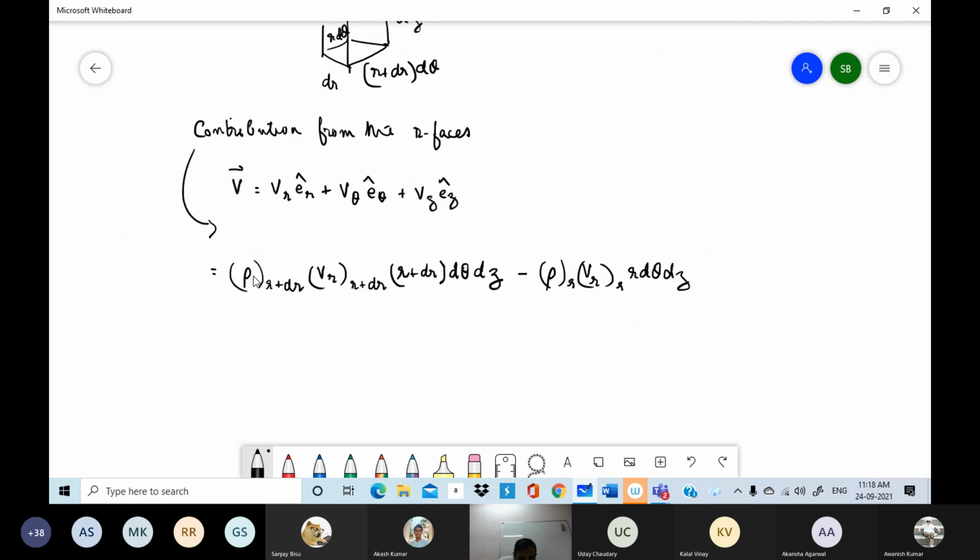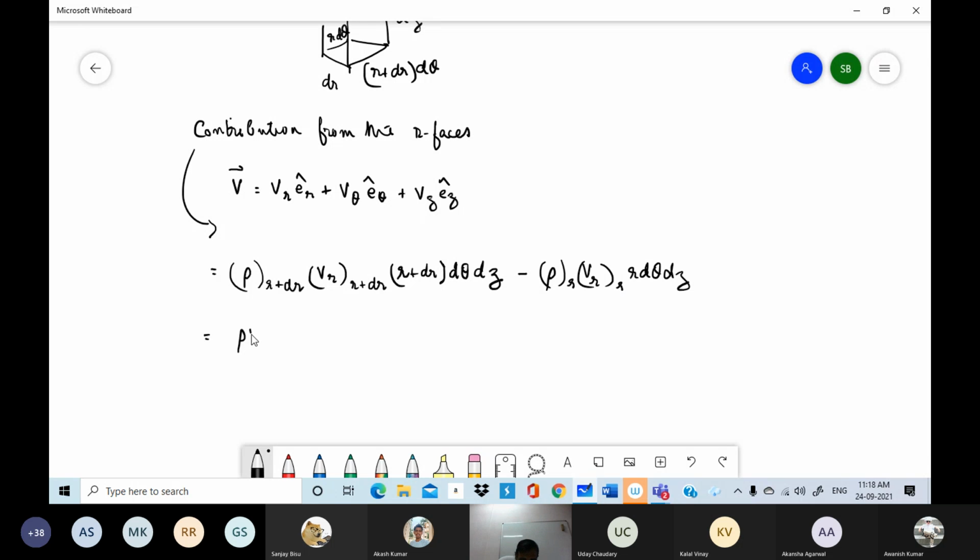If you see, this term involves all three, rho, v_r and r evaluated at r plus dr, and this involves the same three quantities evaluated at r.